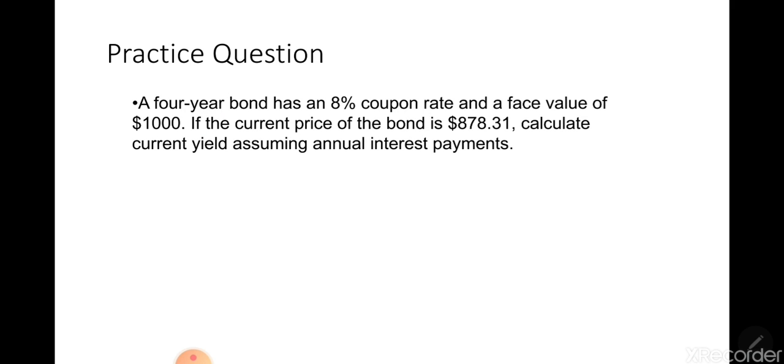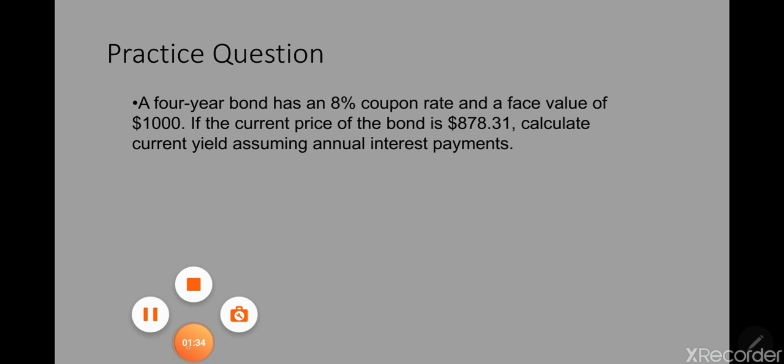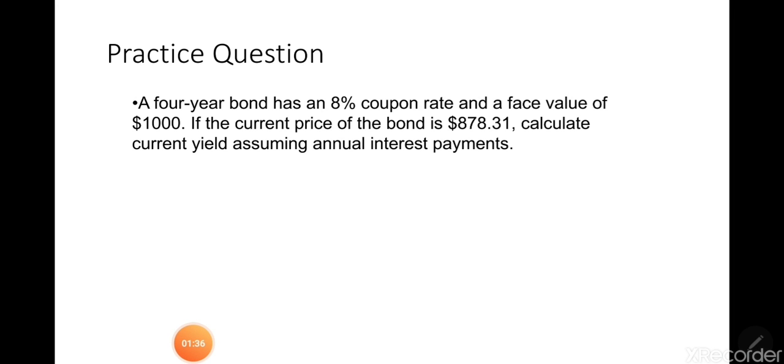A 4-year bond has an 8% coupon rate and a face value of 1000. If the current price of the bond is 878.31, calculate current yield assuming annual interest payments. So we are supposed to calculate the current yield in this question. In the question you are given an 8% coupon rate.